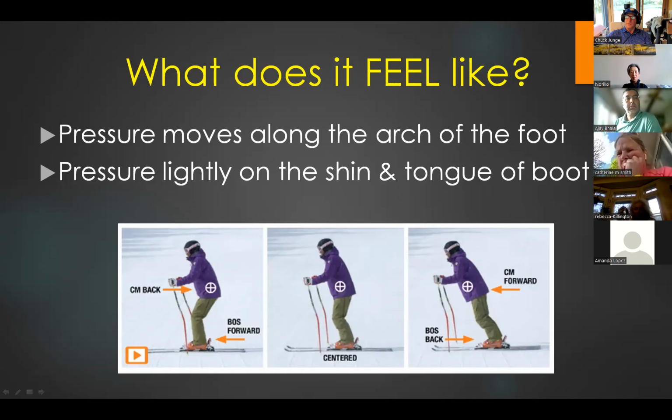Okay. What about you, Rebecca? Where do you think about it? Well, I think about it in the ball of the foot, but we had a session with Rogan at Pro Jam, and he talked about how at the end of the turn you're actually on your heel, and then to initiate the turn you're on the ball of your foot.